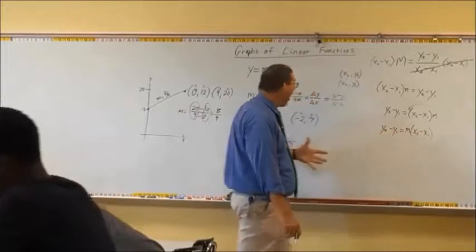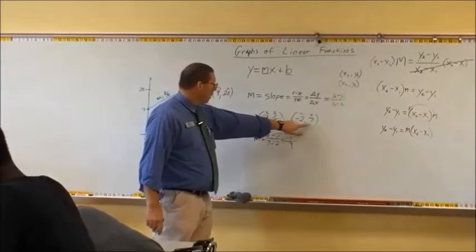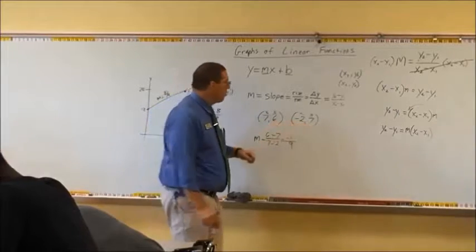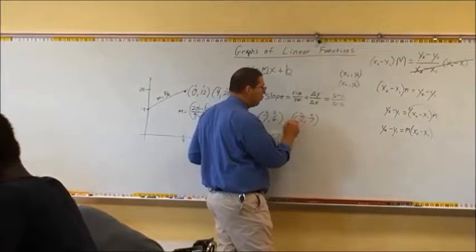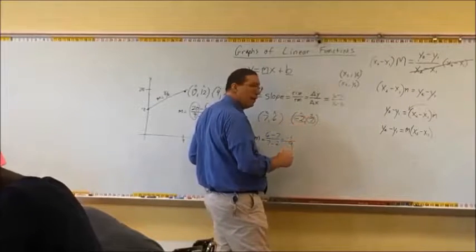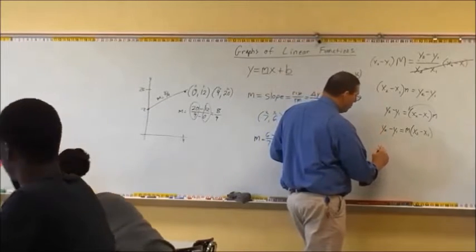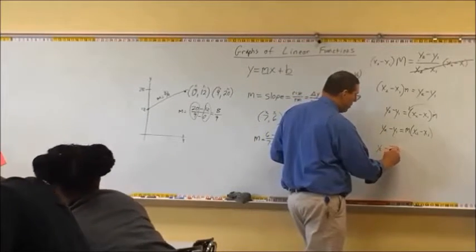Well, do we have a y1 and an x1? How about here? Do you guys see this? So if we put negative 2 in for x and 7 in for y, here's what we'll have. y2 minus 7 equals.